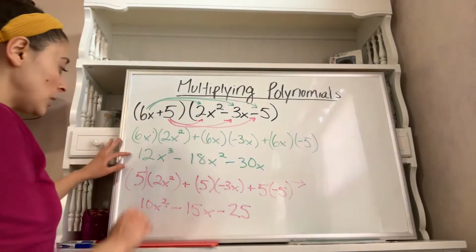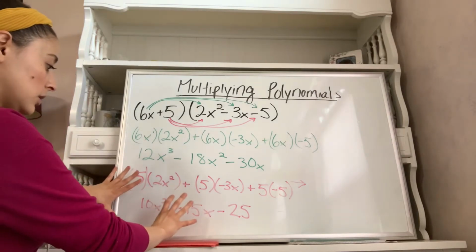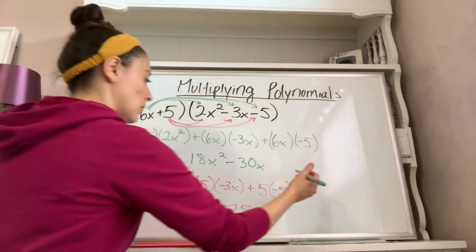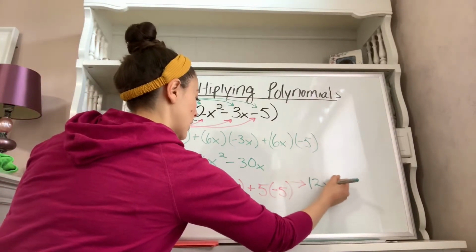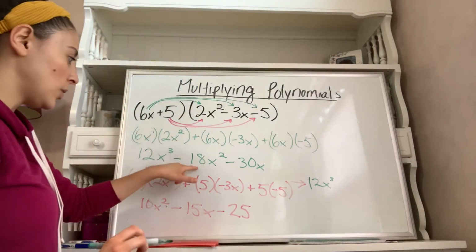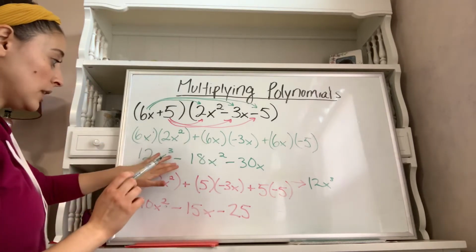So we have a 12x cubed, and I have no other x cubed terms, okay? So this is going to end up just coming down, 12x cubed, okay?